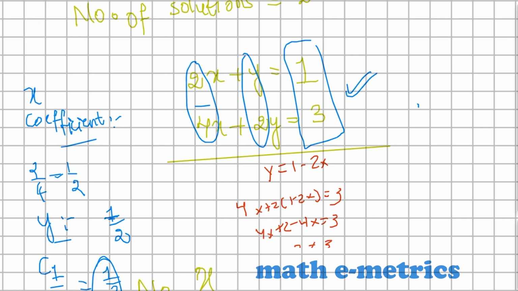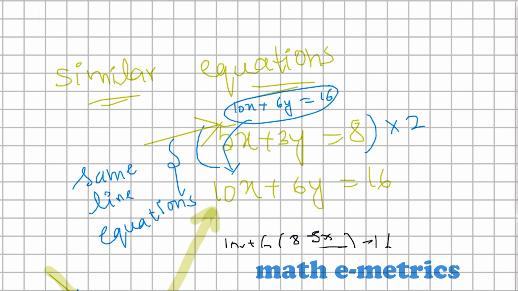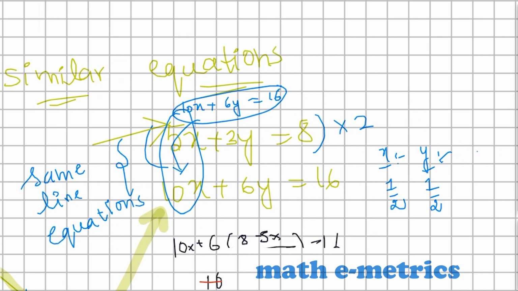So a1 by a2, in this case, notice the ratio, is 1 to 2. What about y? Also 1 to 2. What about c1 by c2? Also 1 to 2.